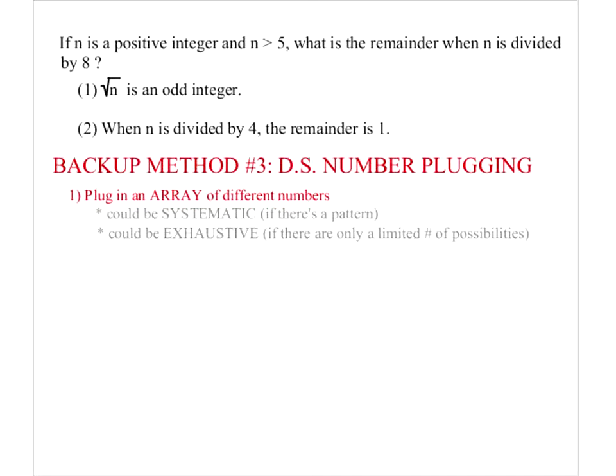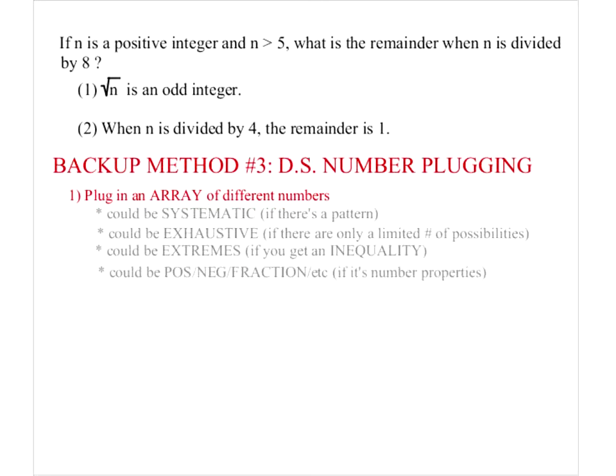It could be extremes if you get an inequality. And it could even just be different number types, like positive, negative, fraction, etc., if it's number properties. But the point is that you have to try multiple plug-ins.